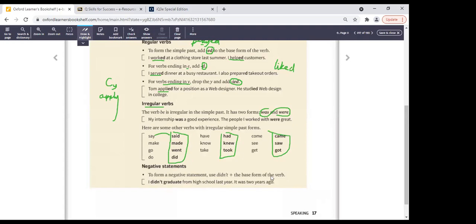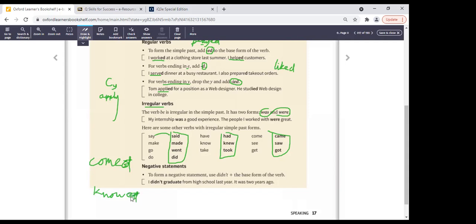So when you use these verbs, for example, now you're saying I come. In the past, you won't say I comed. No, you would say I came. Or I know. If you're saying I know, we won't say I knowed.